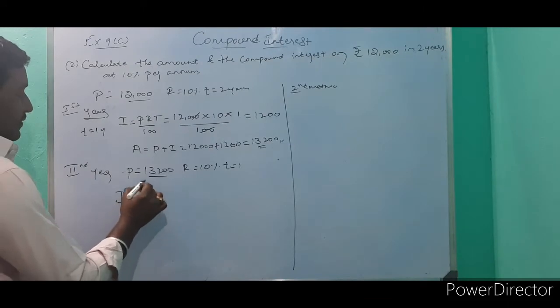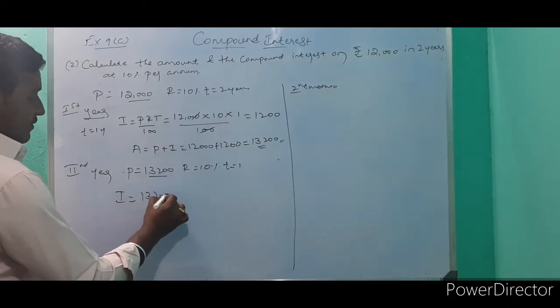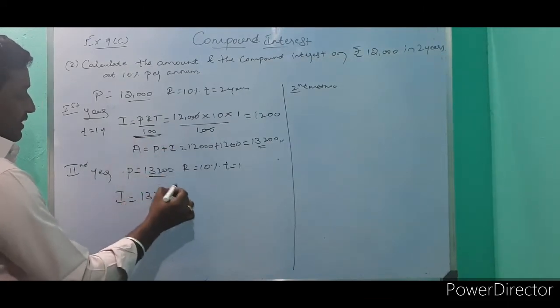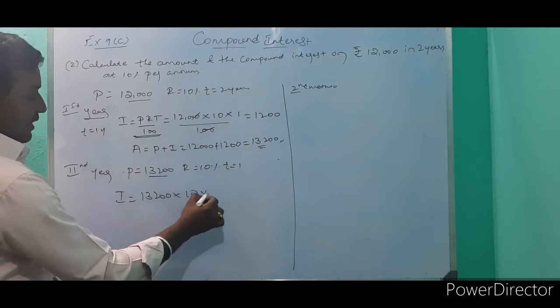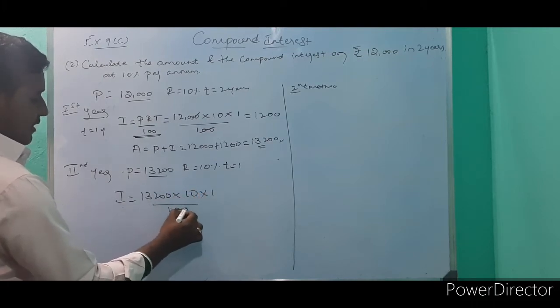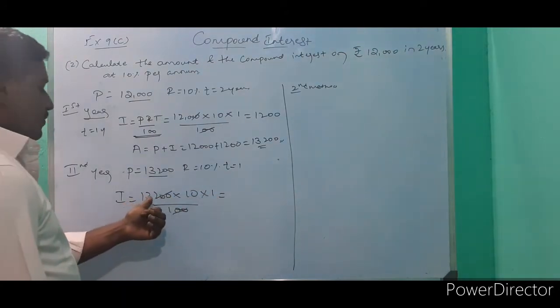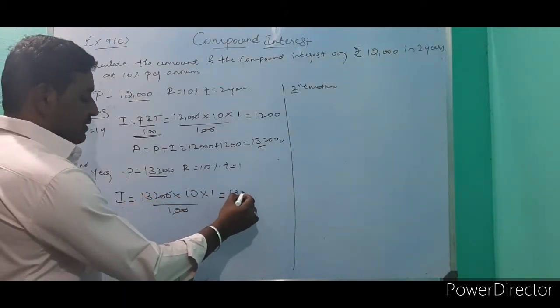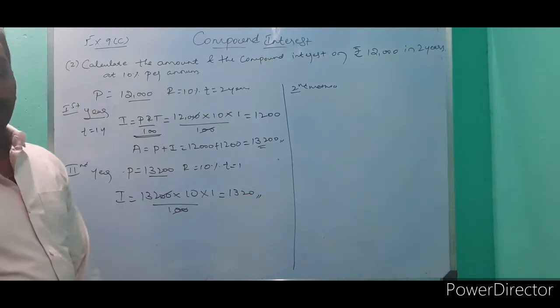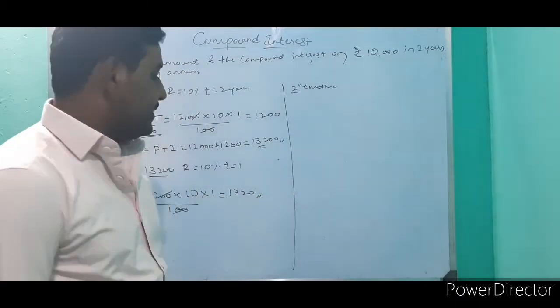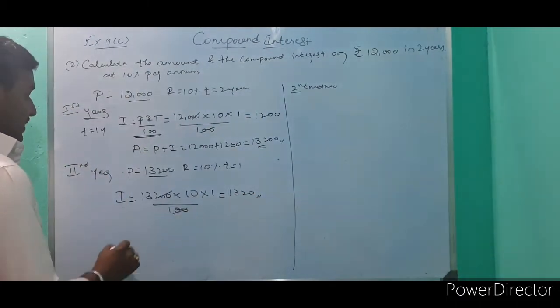We use the same formula for this: I is equal to principal into R, which is 10, into T, divided by 100. The 100s get cancelled, and here you will get 132 into 10, which is 1,320. 1,320 is the interest for the second year.